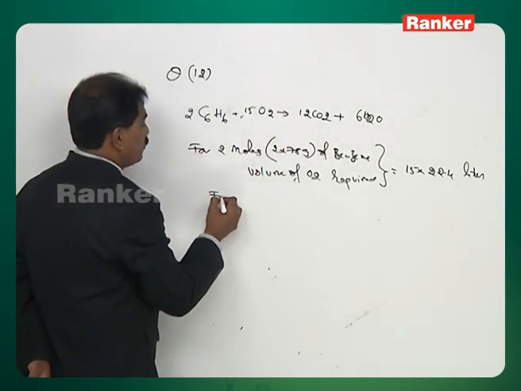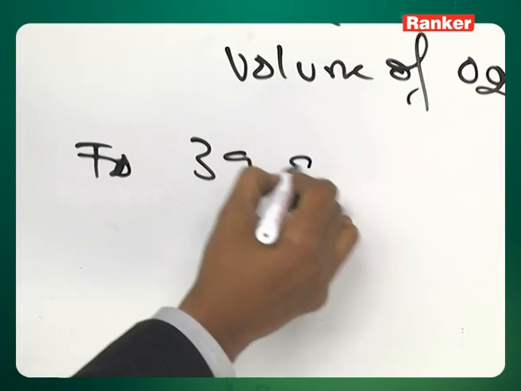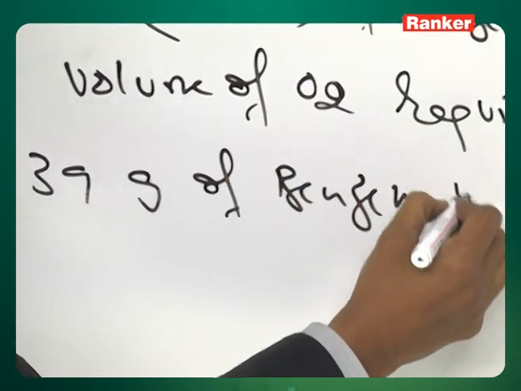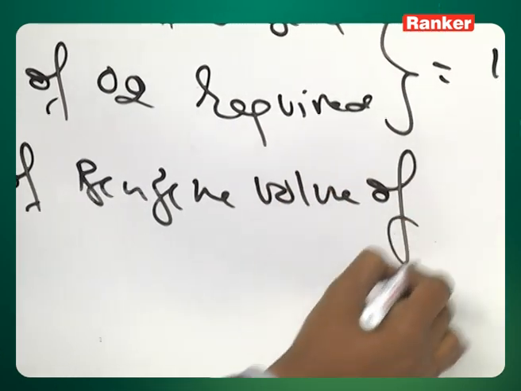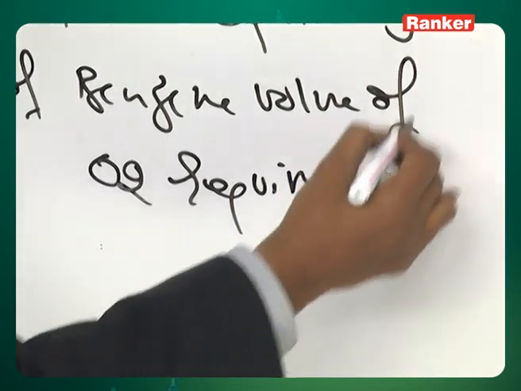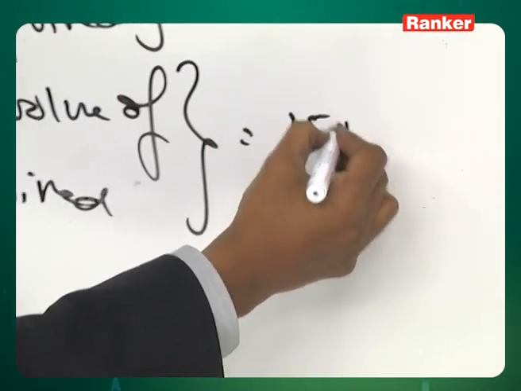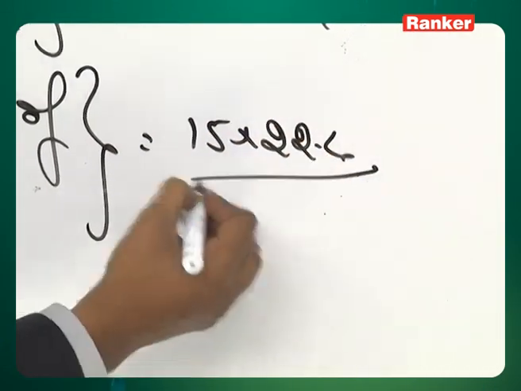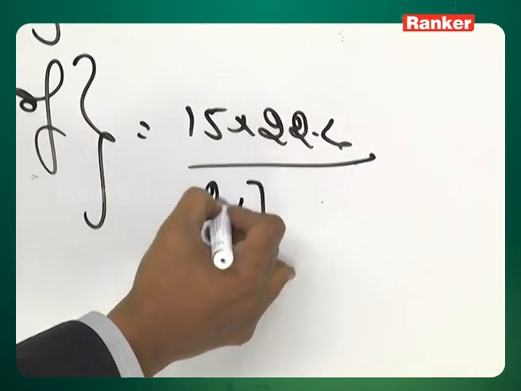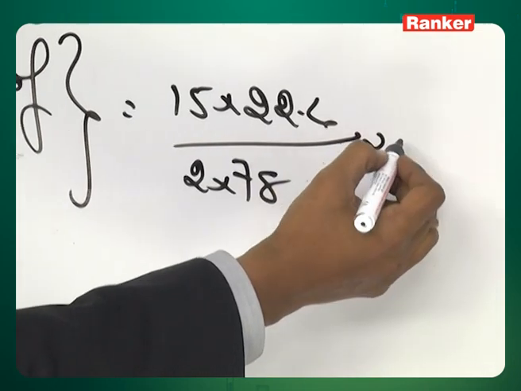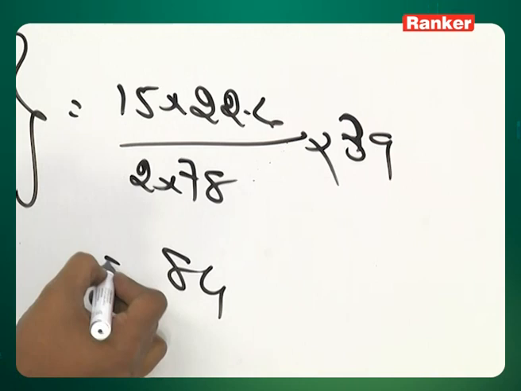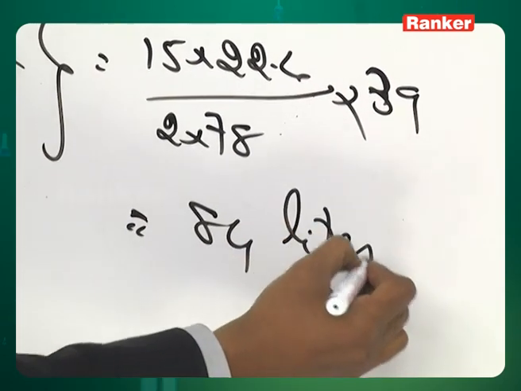Next, for 39 grams of the benzene, the volume of O2 required. So, we will get 84 liters.